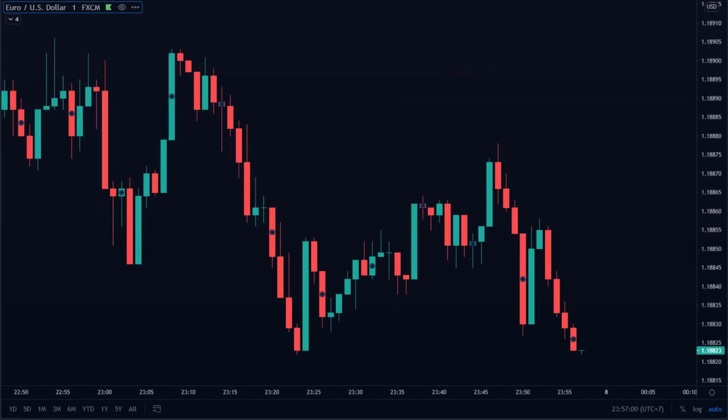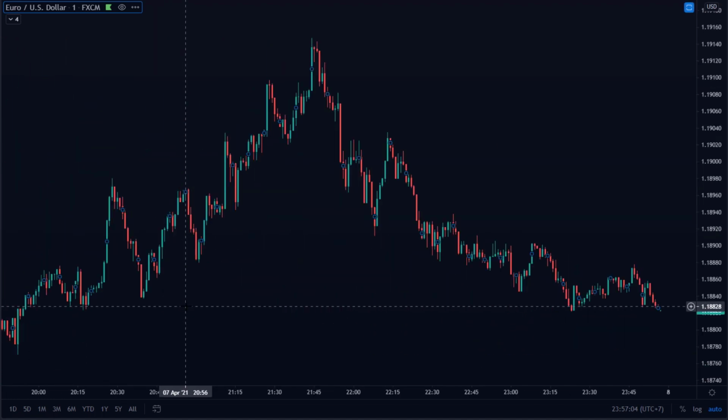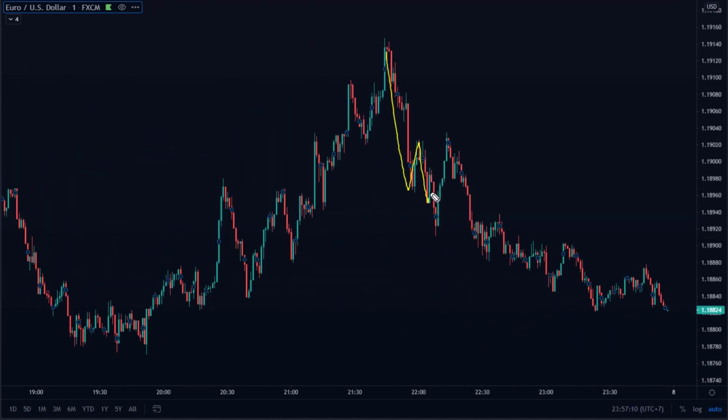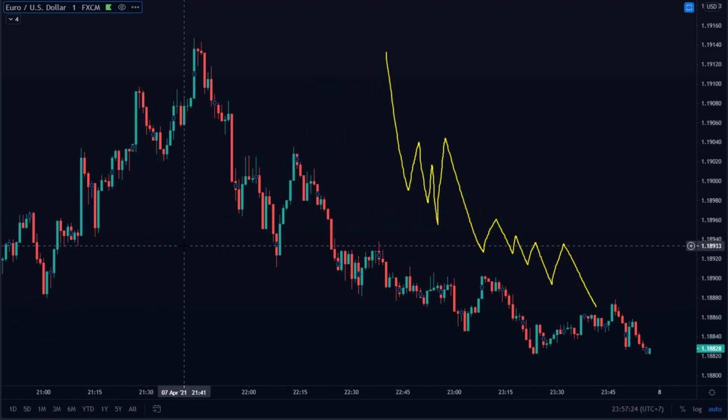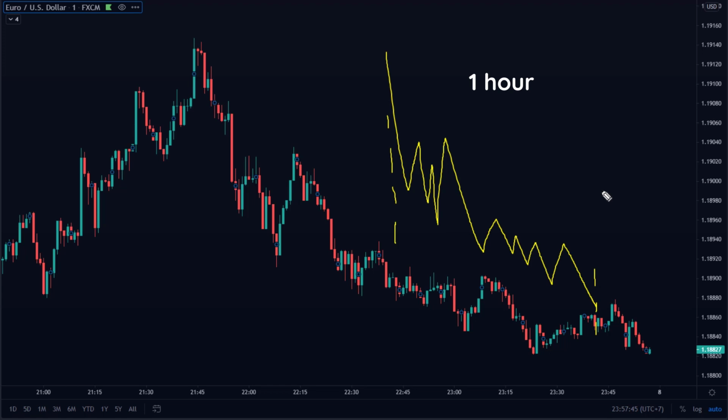Similarly, when we shrink the 1 minute candlestick chart, we also see price lines like this. If this price line is over a period of time, for example 1 hour or 2 hours, it will form a candlestick looking like this.